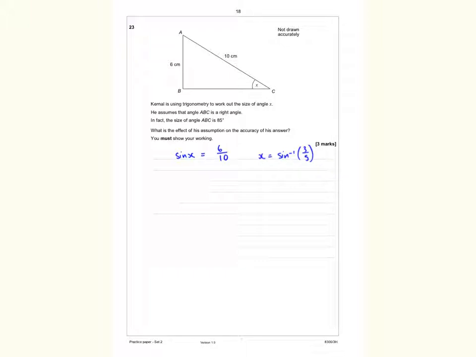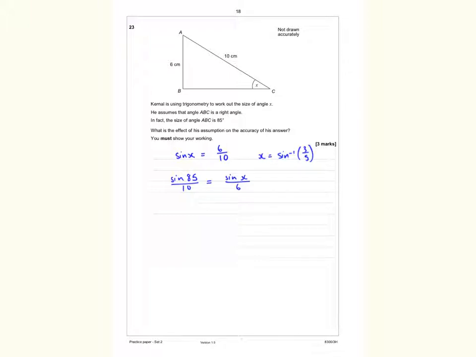The other way would be to say that this is 85. So now I'm going to use the sine rule. So sine 85 divided by 10 is equal to sine of x divided by 6.